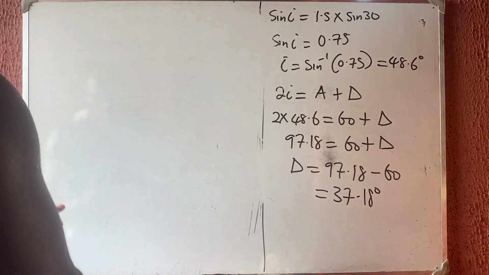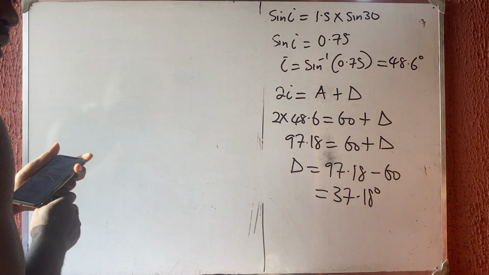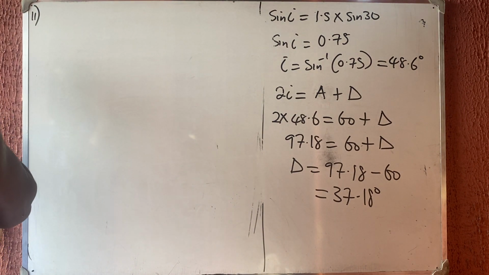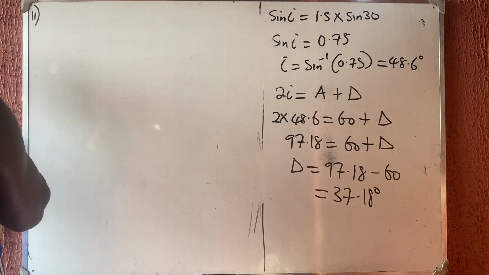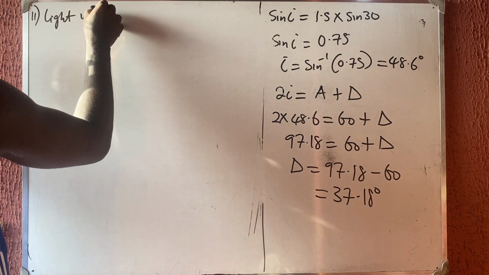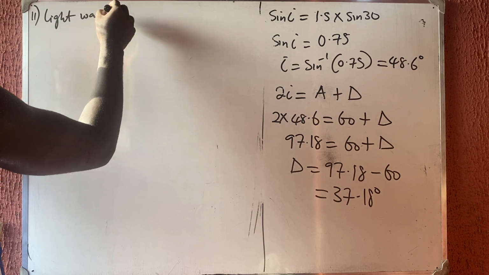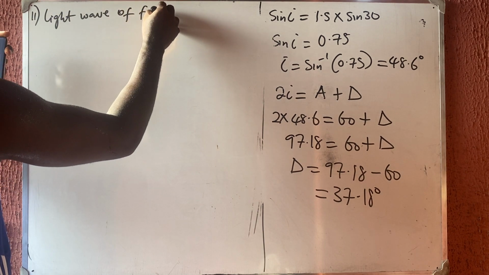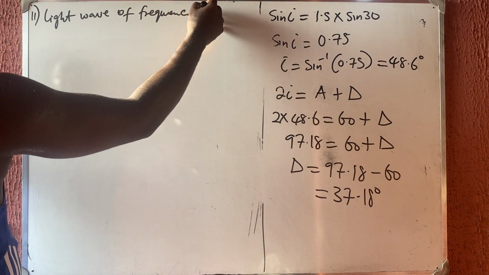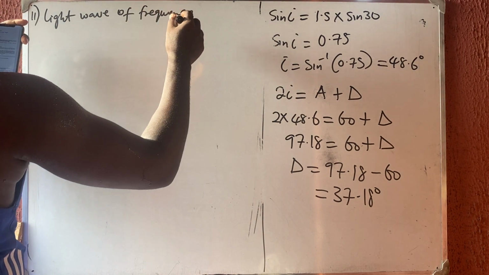So we move to question number 11. Question number 11 said light wave of frequency. I thought that the frequency are always the same thing. So it's only the wavelength and the velocity that differs.